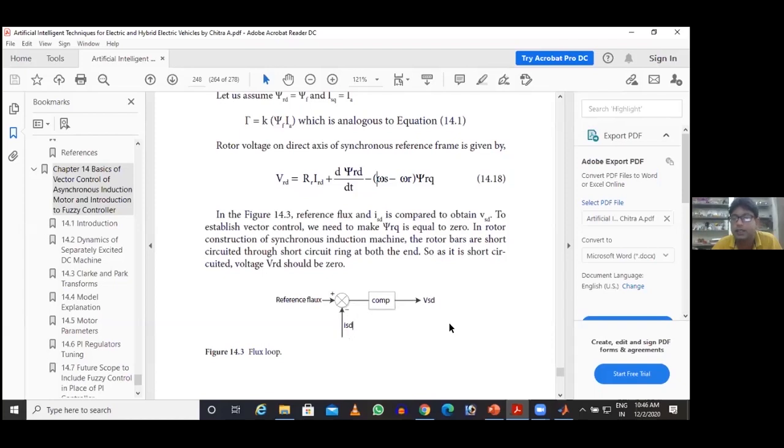And it is producing the direct axis voltage of the stator. So the direct axis loop of this control is very easy, and naturally it will be very stable. The flux loop of vector control is more or less very stable because it is very simple. But how to tune that compensator, that is another never-ending topic.